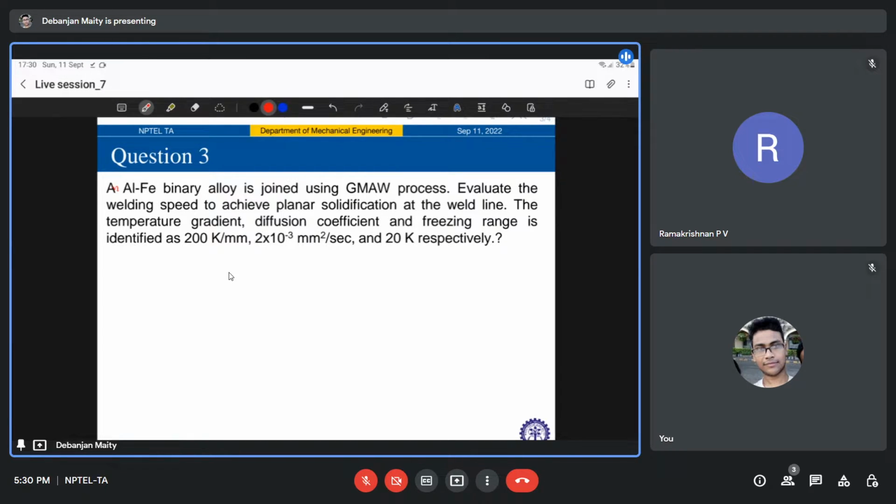The temperature gradient is given as 200 Kelvin per millimeter, and the diffusion coefficient is given as 2 into 10 to the power minus 3 mm square per second. And the freezing range is also given.